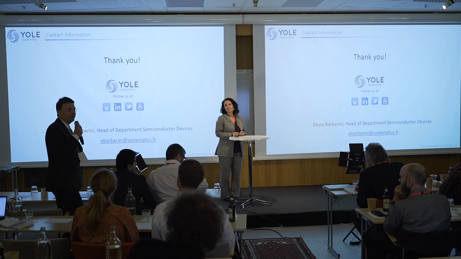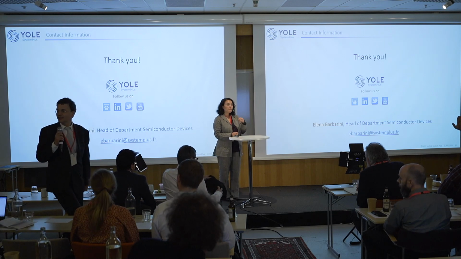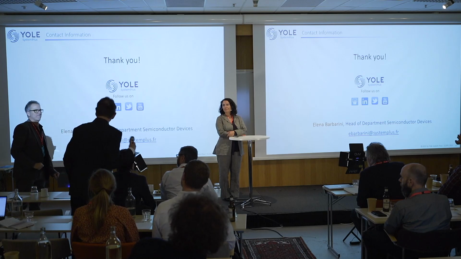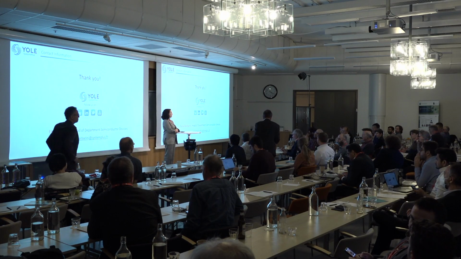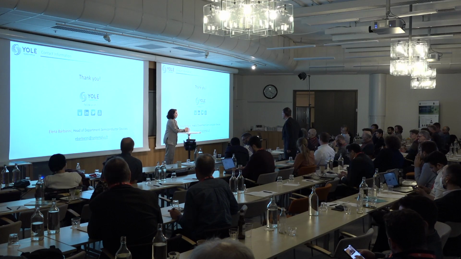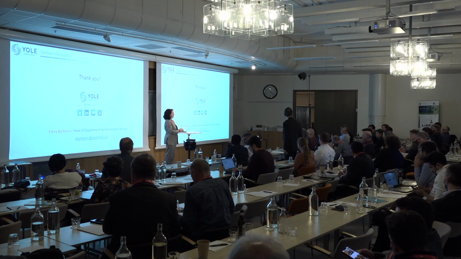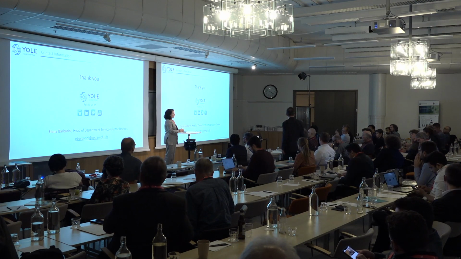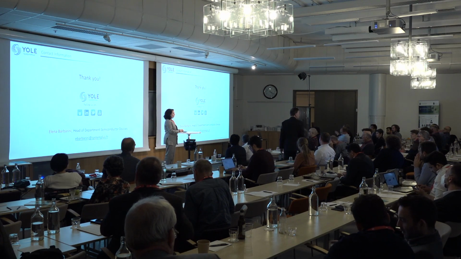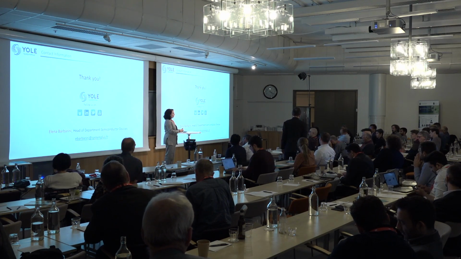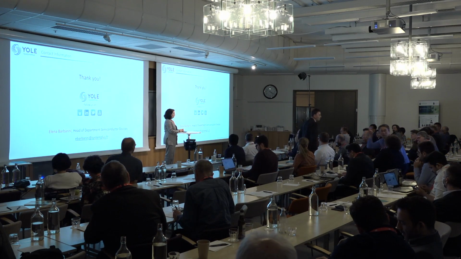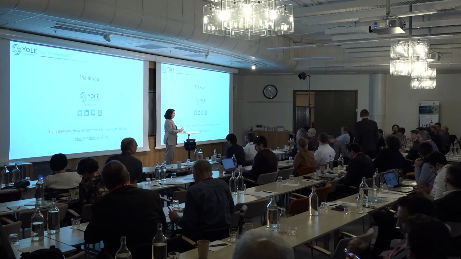Do we have any questions? First, thank you for a very good presentation. I have one question about the way that you have categorized the suppliers. You have put a graph to show which supplier is, for example, more of a provider for silicon carbide or gallium nitride.